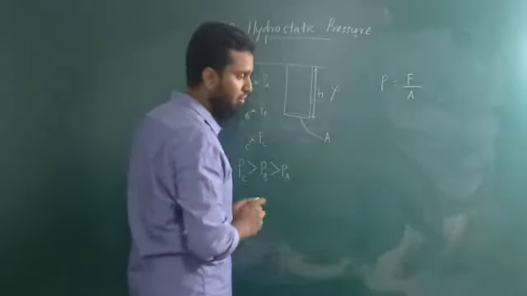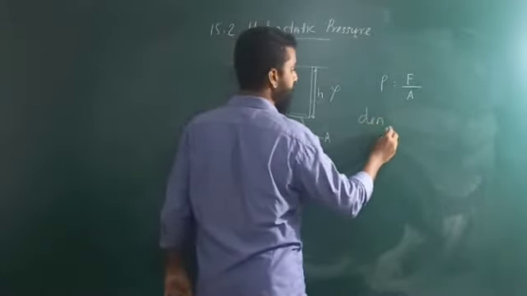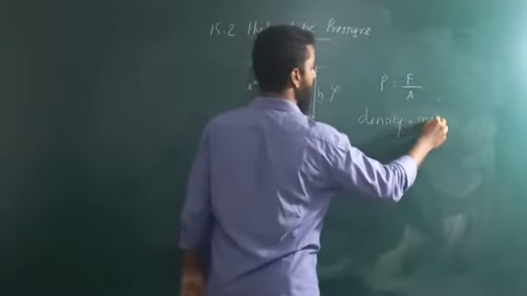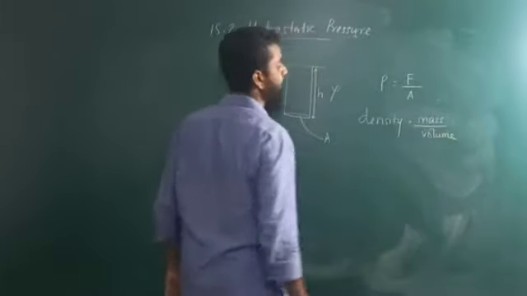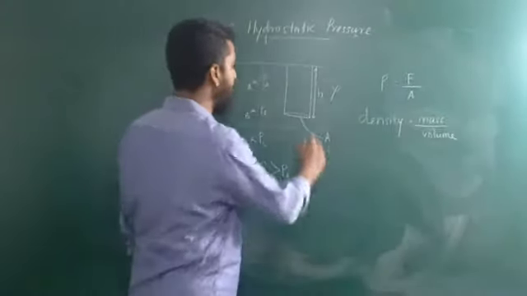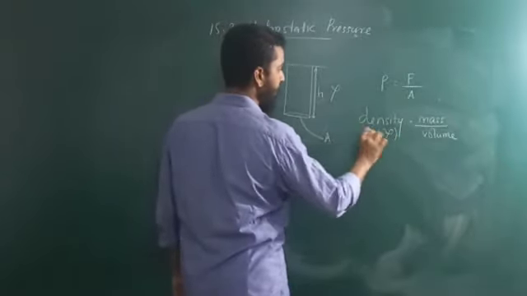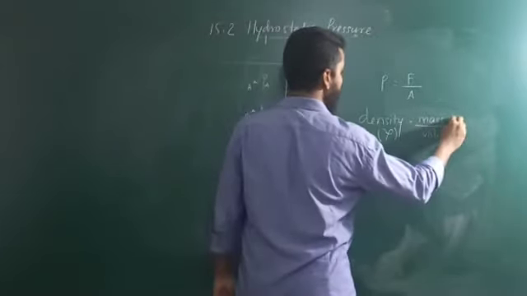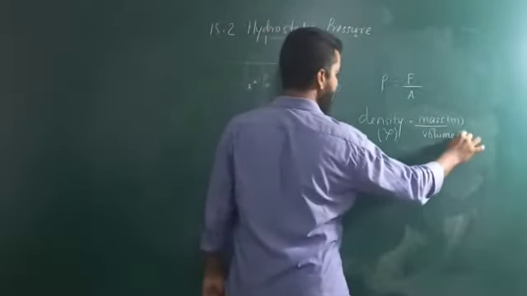You know the density from grade 9: density is equal to mass divided by volume. Keep this equation with you to construct this idea. The density is rho, the mass of this liquid column is m, and the volume is V.